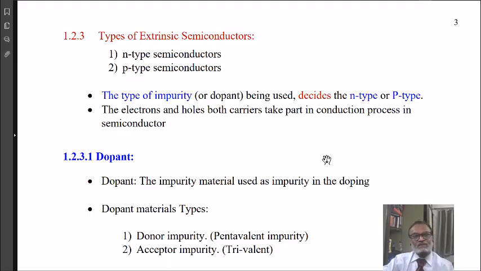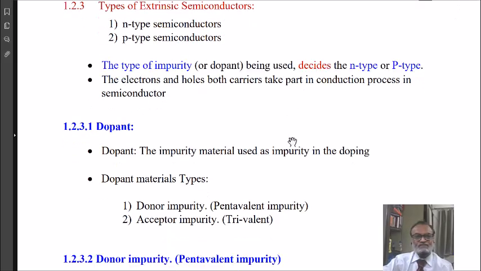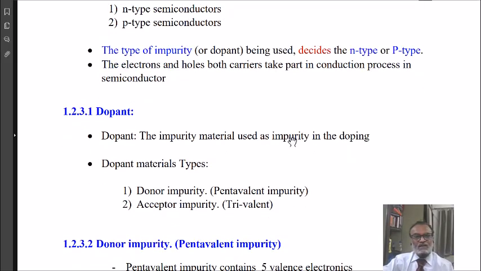If the dopant is pentavalent, then it donates one extra electron and therefore a larger number of electrons gets generated in the semiconductor material and an N-type semiconductor results. The donor impurity is a pentavalent impurity and the acceptor impurity is a trivalent impurity.